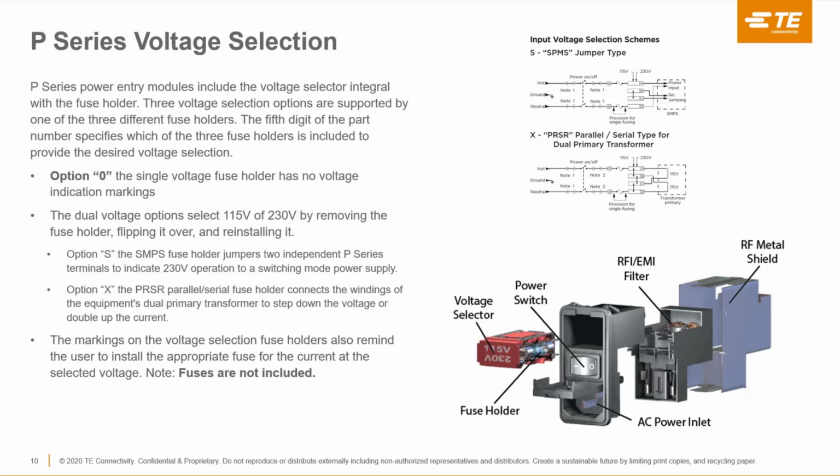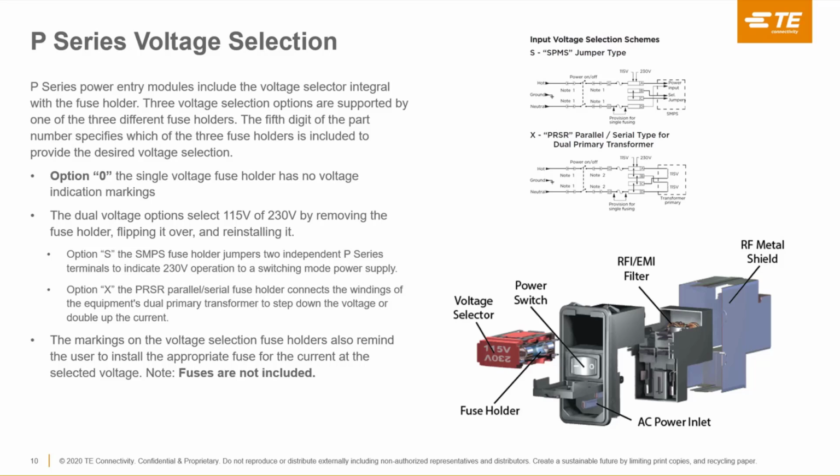So they could buy the version that has no voltage select and still be able to accept any voltage from whatever they're operating at, 110 or 115, all the way really up to 250, which is what the product's rated for. And when you buy it without the voltage select, we don't put any writing on the fuse holder, and turning the fuse holder around to either side would not cause any connections between B and C, or between A and B and C and D. But it's there if somebody has it.